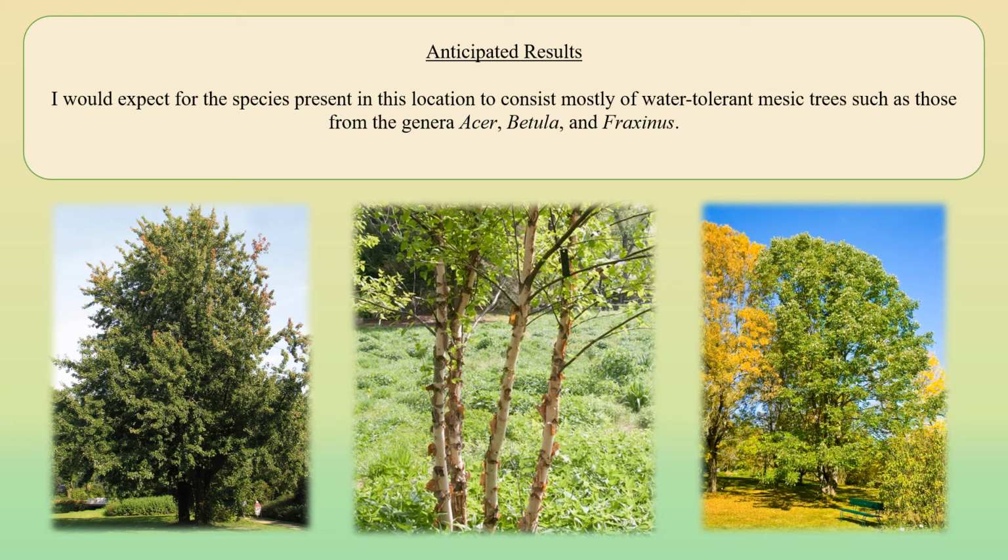In the middle, I have a Betula nigra, which is river birch, and on the right, I have a Fraxinus americana, which is white ash. And all 3 of these trees are species that are common in central Illinois and are mesic trees that are quite water tolerant and often found in floodplains and riparian zones.